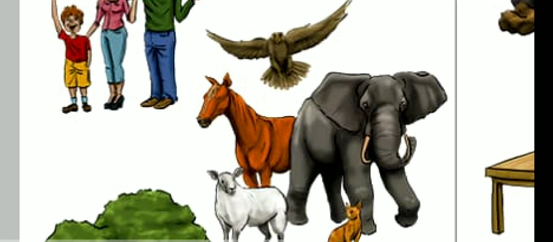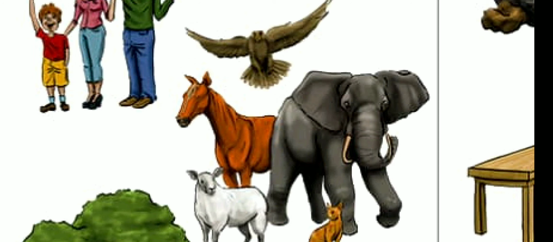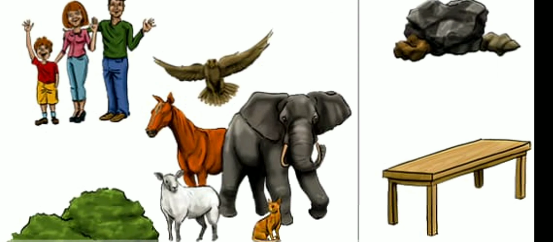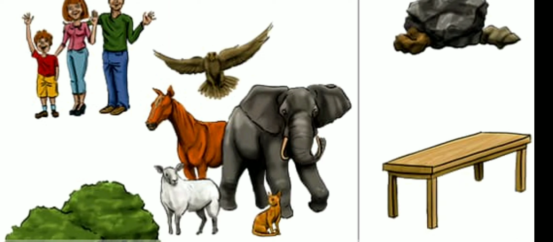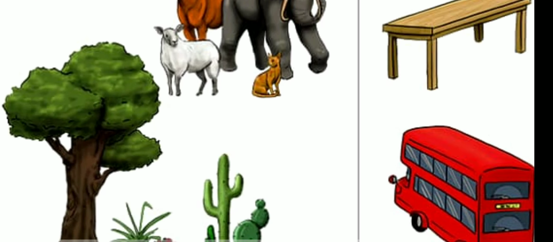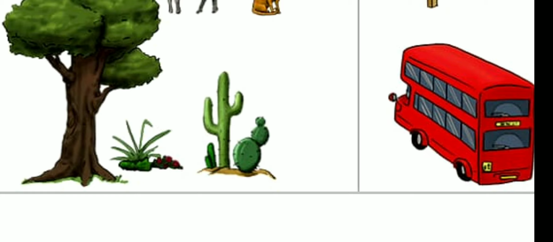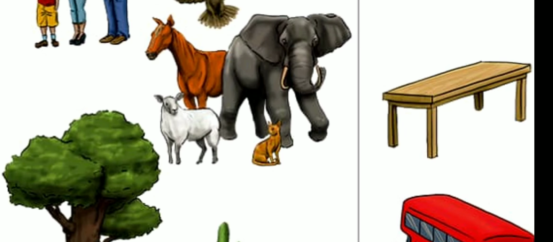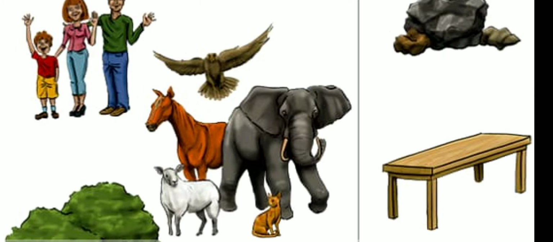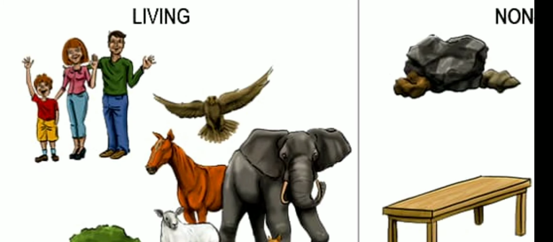The living things are complex organizations of molecules which perform certain life processes such as growth, metabolism, respiration, excretion, digestion, reproduction, to name a few. These are the basic functions performed by living organisms, and those functions are part of life processes.